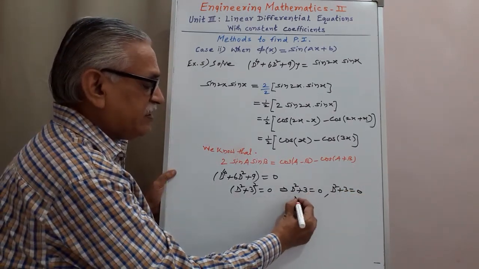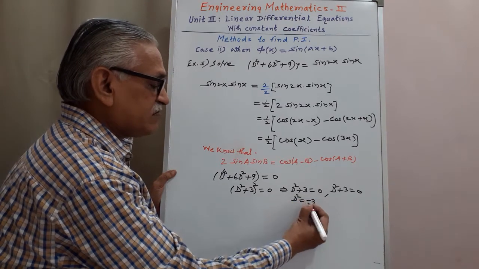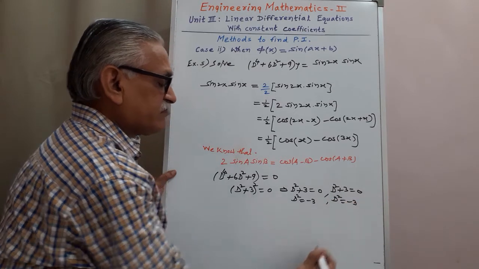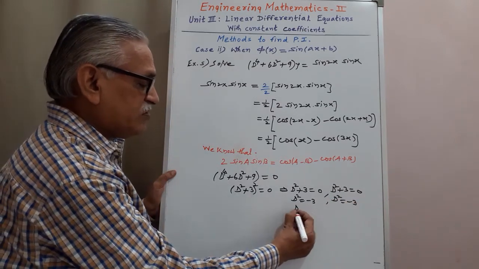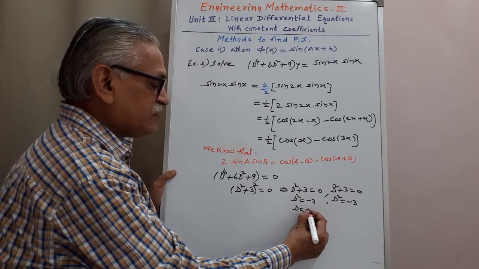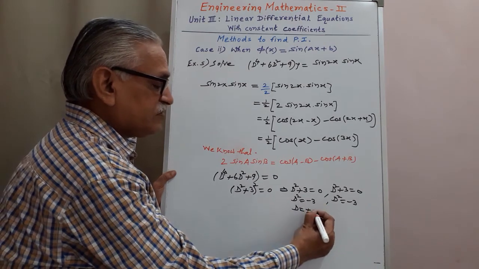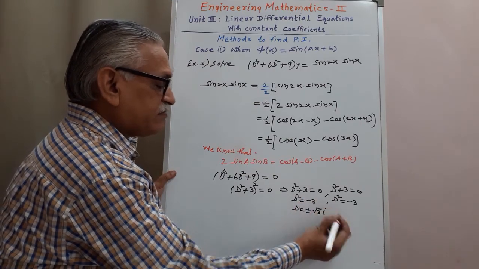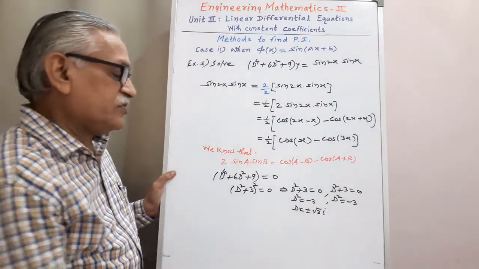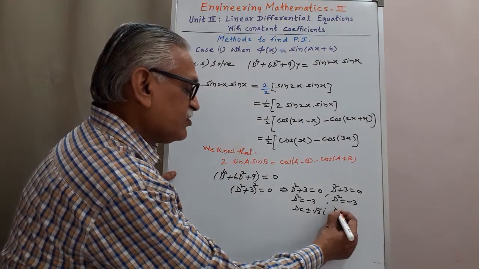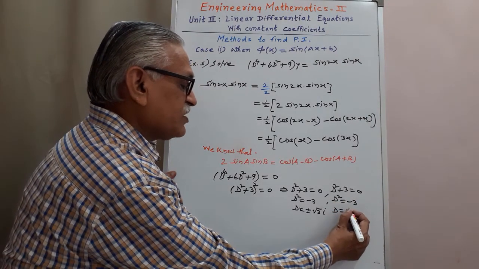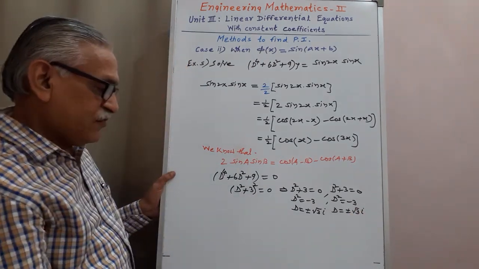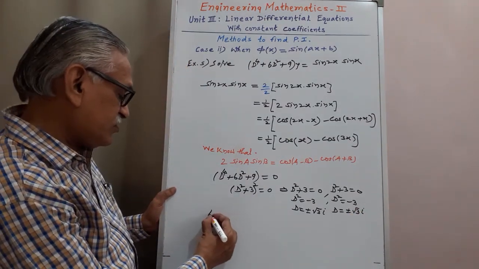Solving for D, we get D square is equals to minus 3, and same here. Taking square root, D is equals to plus minus root 3 i, since square root of minus 1 is i. Therefore we get repeated imaginary roots.